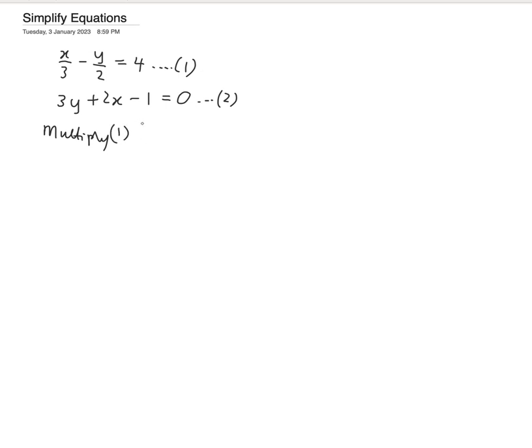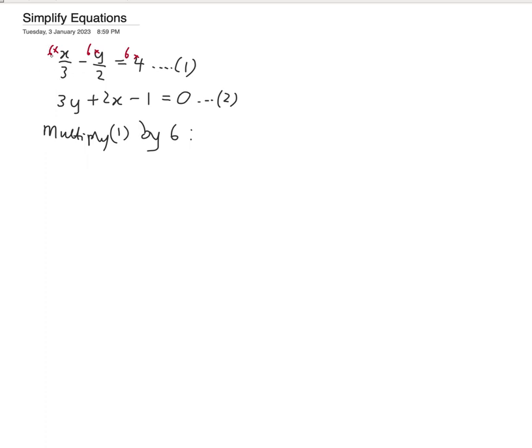Multiply equation 1 by 6. Now when we multiply the equation by 6 throughout, we will be able to cancel the denominator.